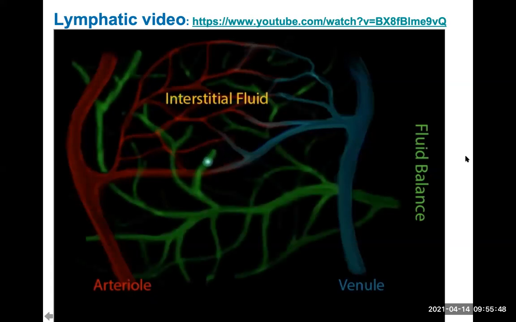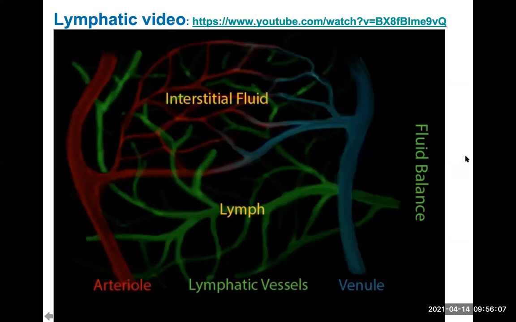However, about 10% of the fluid will enter the open-ended lymph vessels. Once the fluid has entered the lymph vessels, it's now called lymph. These vessels eventually deliver the lymph to locations where the lymph can be cleansed of debris and checked for the presence of pathogenic organisms. How it gets the lymph there is pretty amazing.